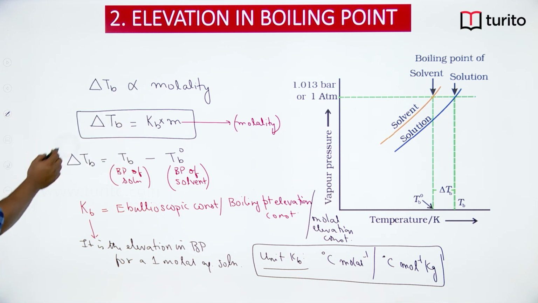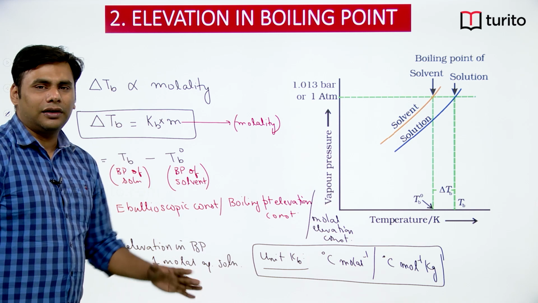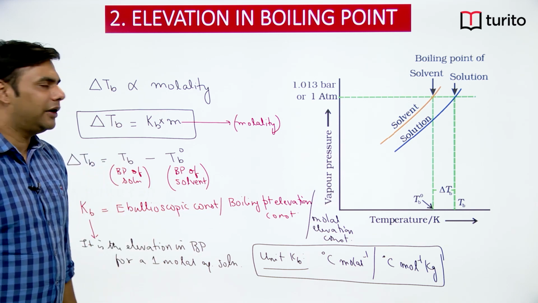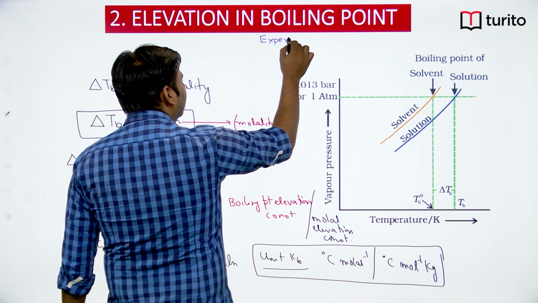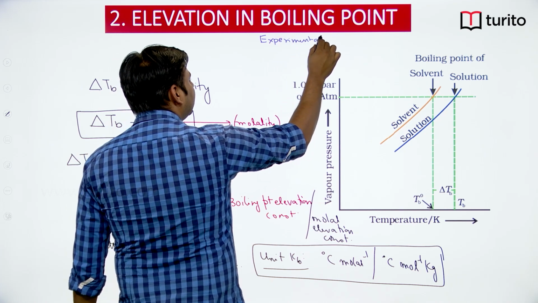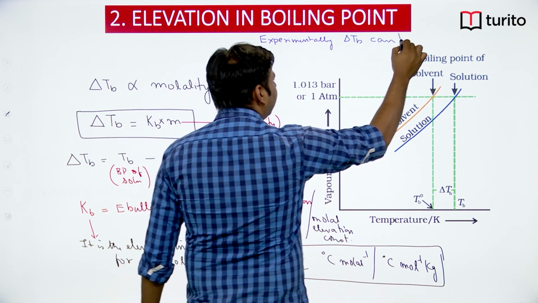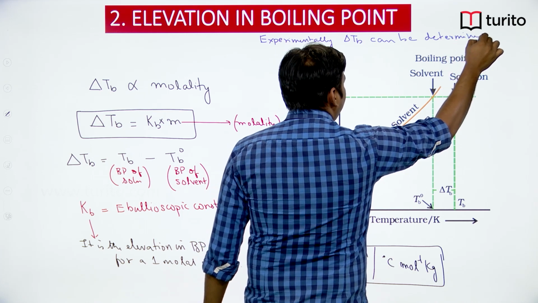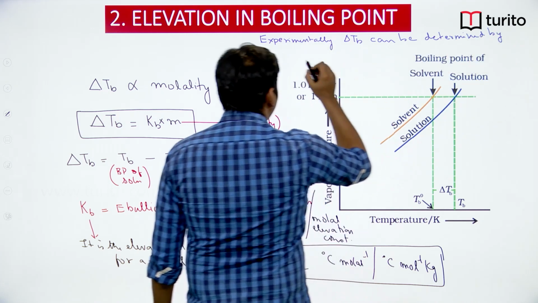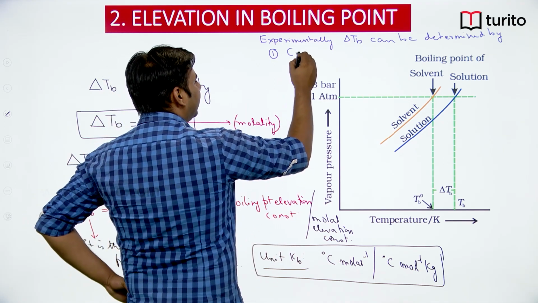There are two methods through which the elevation in boiling point can be determined experimentally. We don't have to go into the detail, we'll just remember the name. Experimentally, delta Tb, or the elevation in boiling point, can be determined by one method called Cottrell's method.